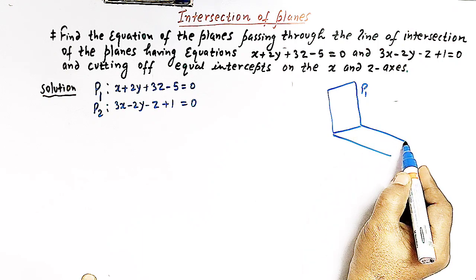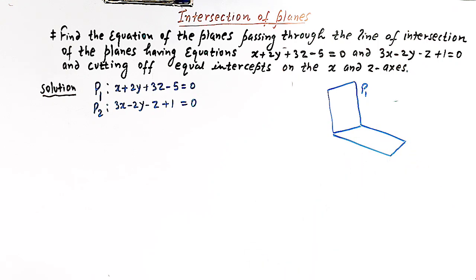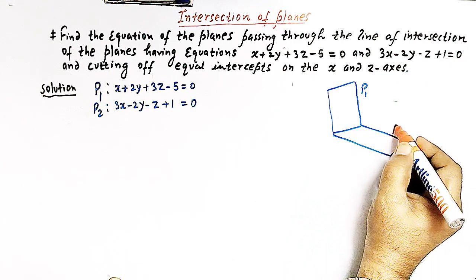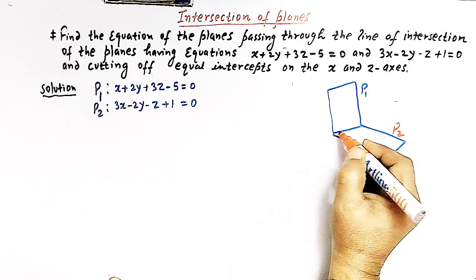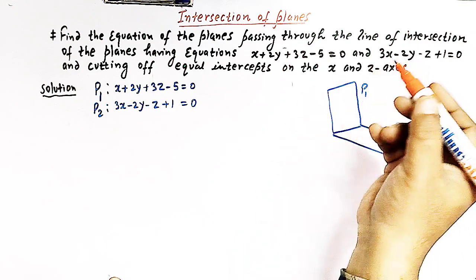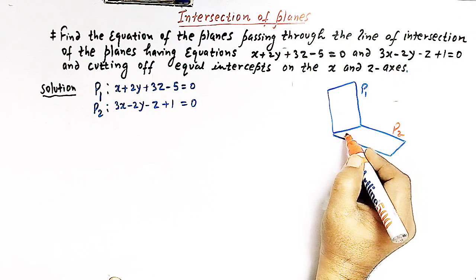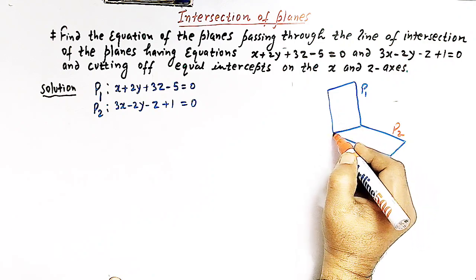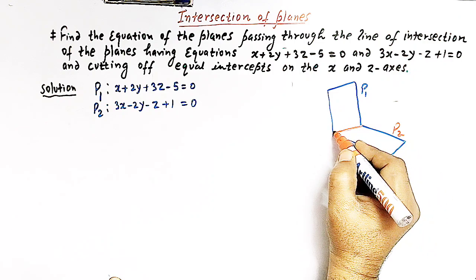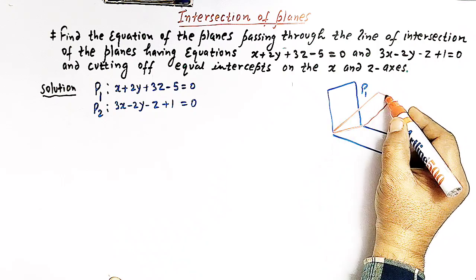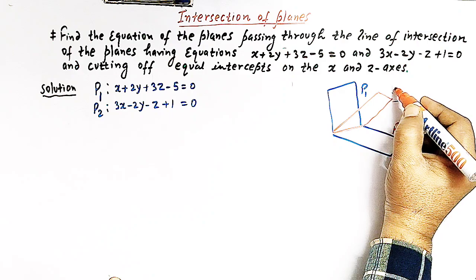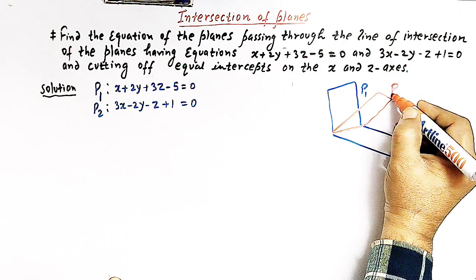And we have to find out the equation of the plane which passes through the line of intersection of these two planes P1 and P2. So here we have the required plane, and let us call this plane P.